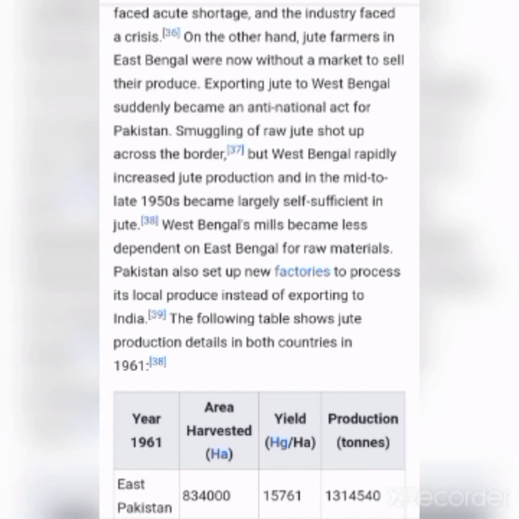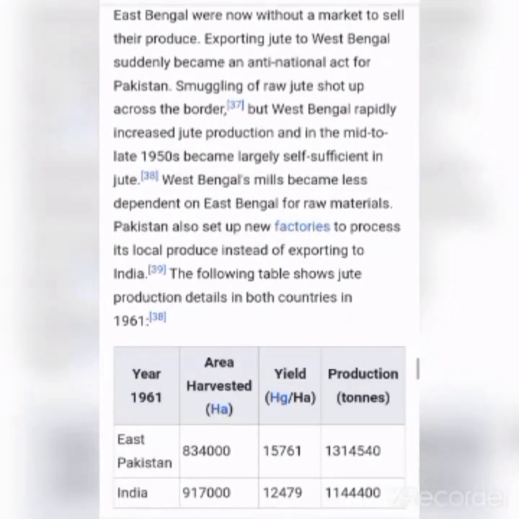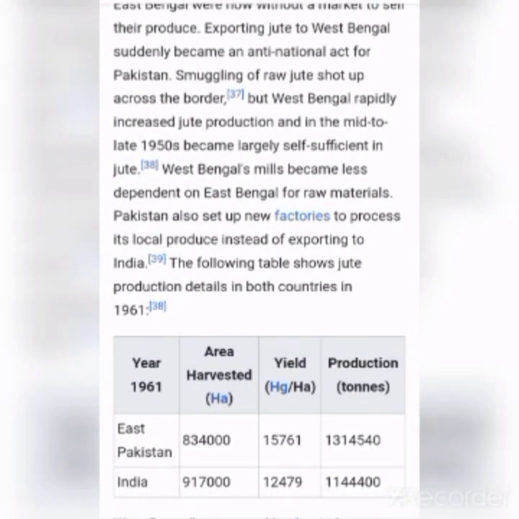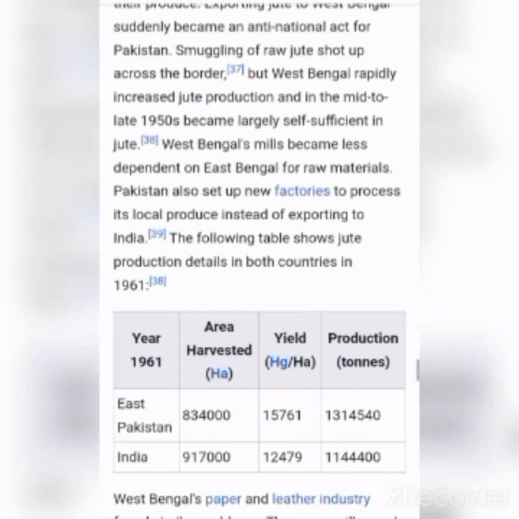West Bengal's mills became less dependent on East Bengal for raw materials. Pakistan also set up new mills to process its local produce instead of exporting to India. The following table shows jute production details in both countries.